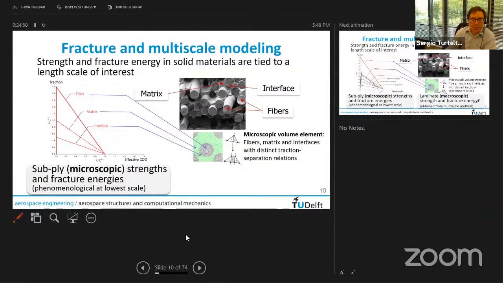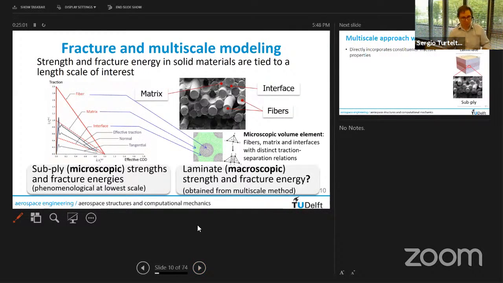Now the output, and that's the question, is what would be the effective cohesive relation for the composite? The idea is that the multiscale method should allow us to obtain that macroscopic cohesive relation. It will tell us what the strength of the composite is and what the fracture energy of the composite is.